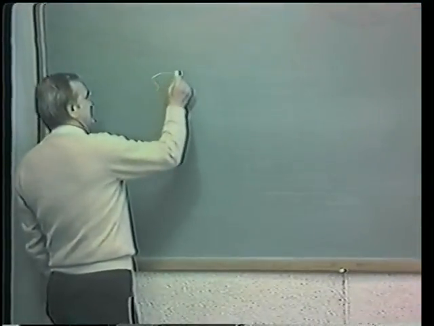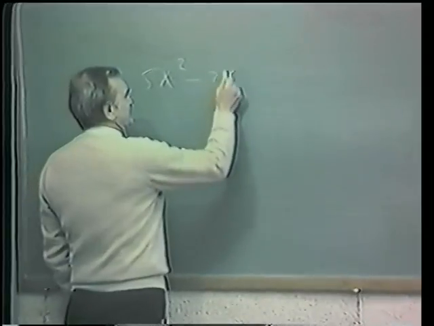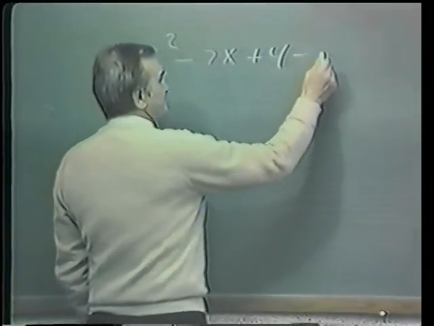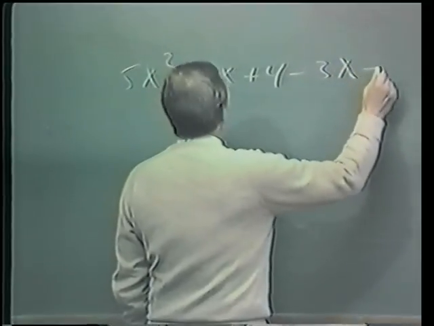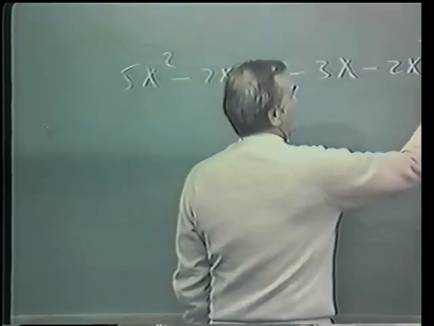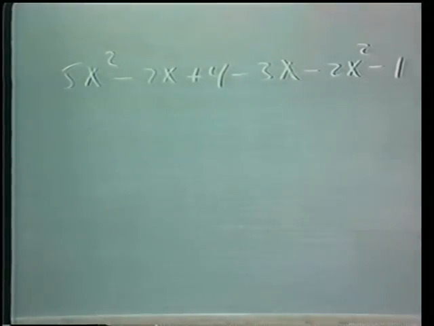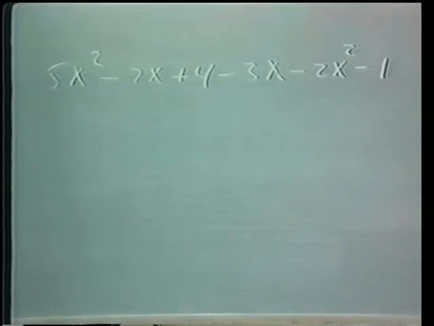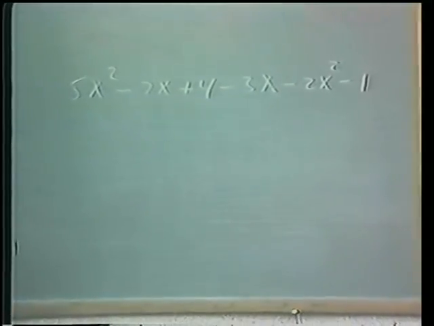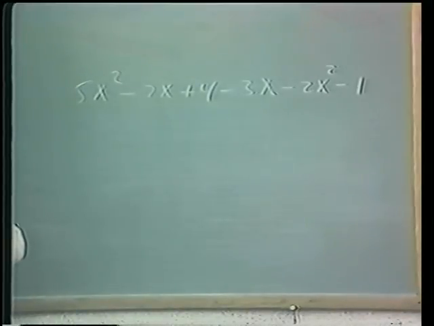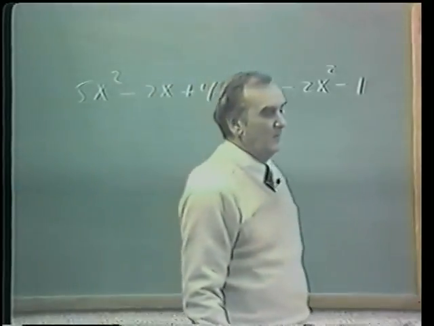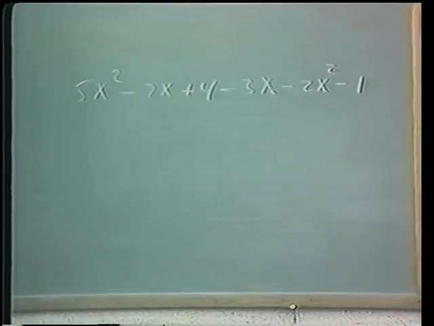Let's suppose we have the algebraic expression that I have on the board. My first question is, how many terms make up this polynomial? 6 terms. Now, what we're going to discuss is addition of algebraic expressions.